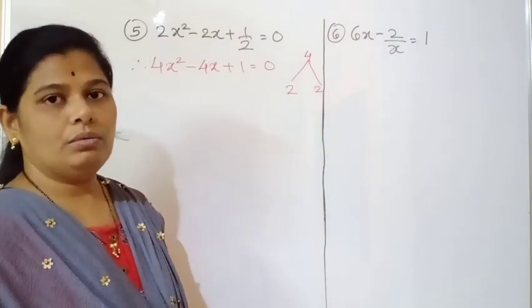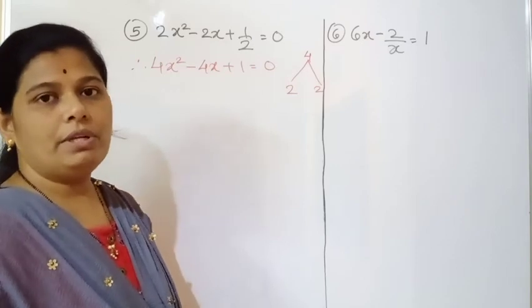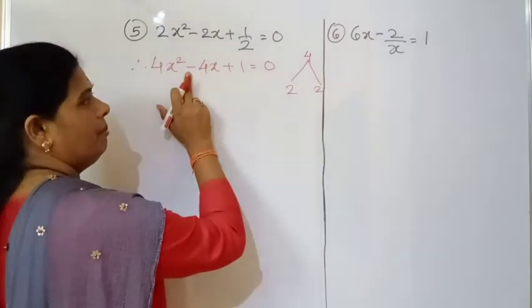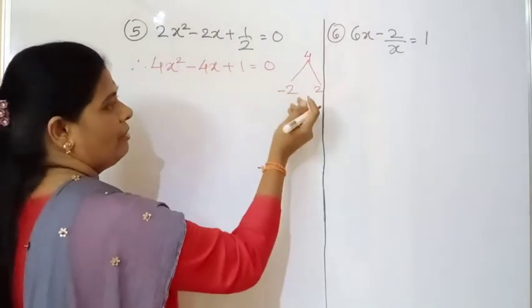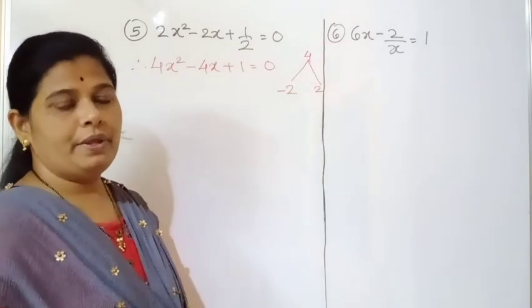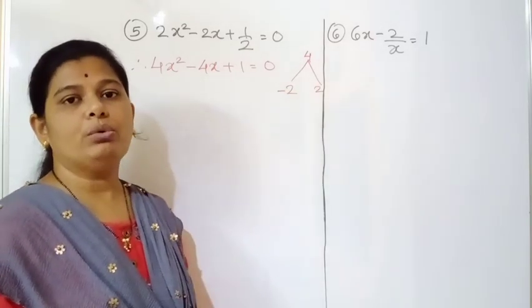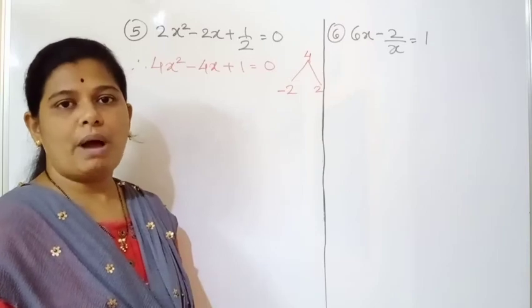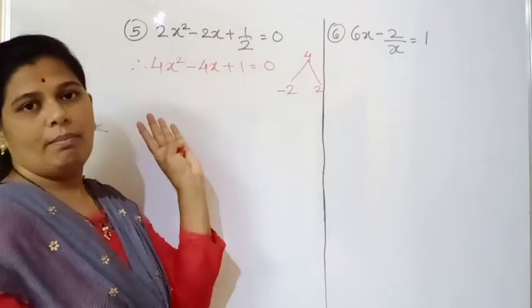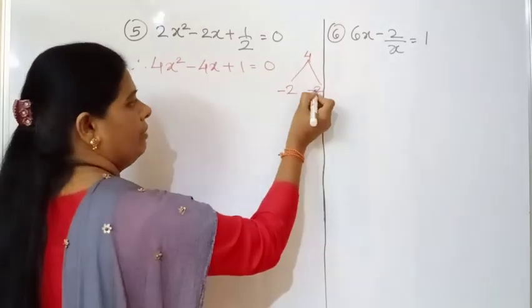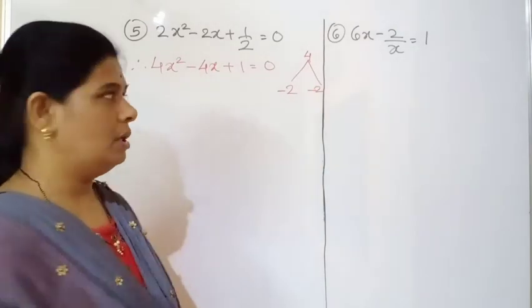Second question is, which sign should be given? The middle number is having minus sign and both the numbers are same. But one more thing is there, that we have to add minus 2 which will give you minus 4. So we will give minus sign to both the numbers.